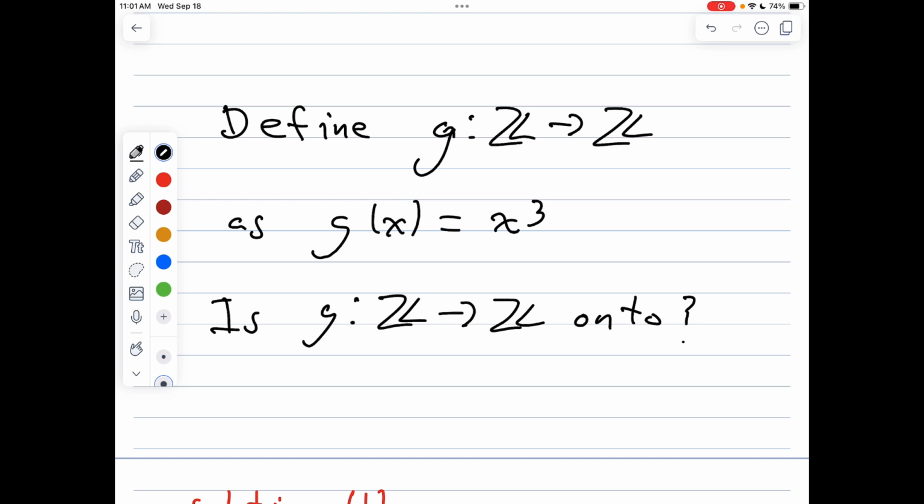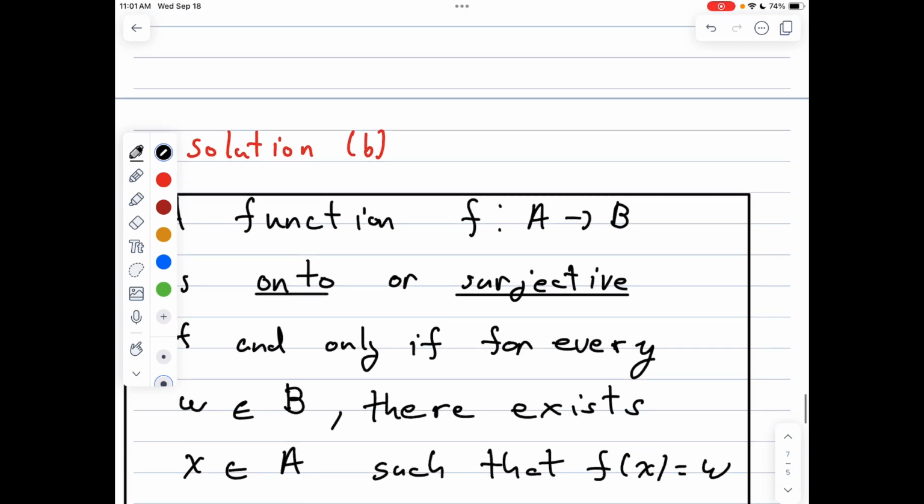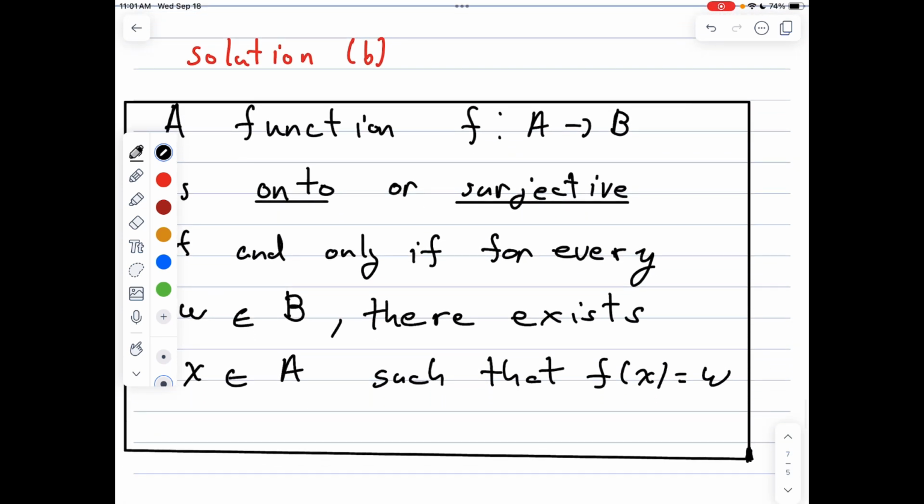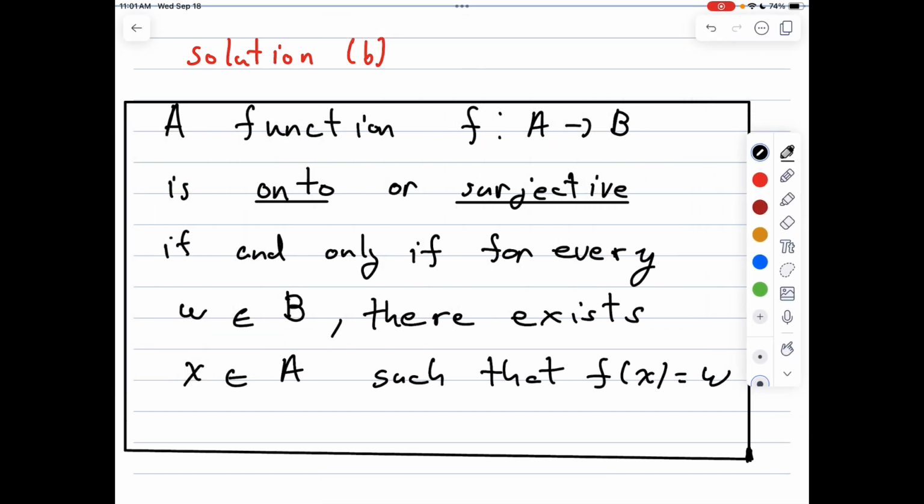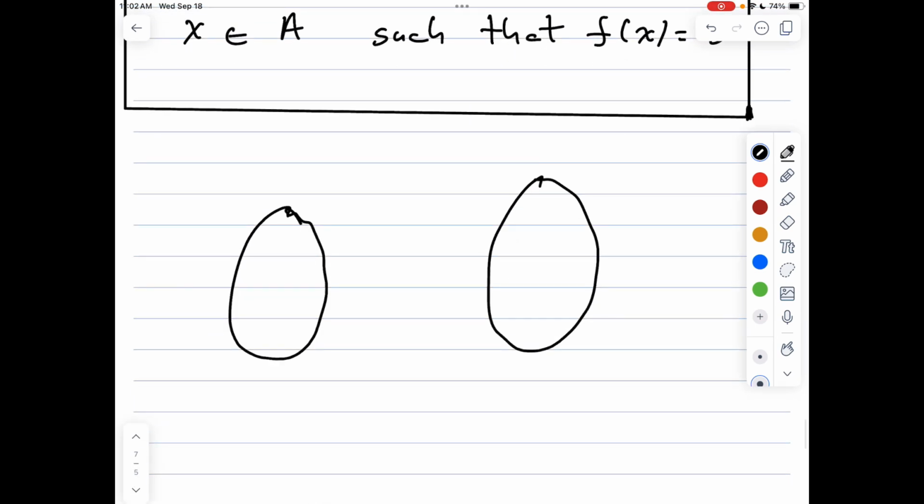All right, so how does that work for us in terms of onto and the definition? Any time really, but especially in discrete math, the definitions are really important. A function going from domain A to codomain B is onto, or surjective, if and only if for every element w in B, there exists an element x in A such that f of x equals w. So in our case, imagine your function going between these two circles.